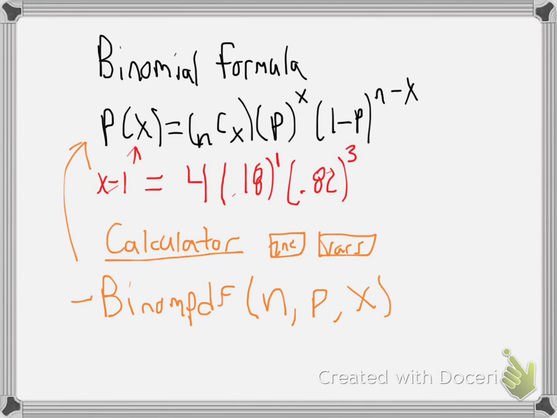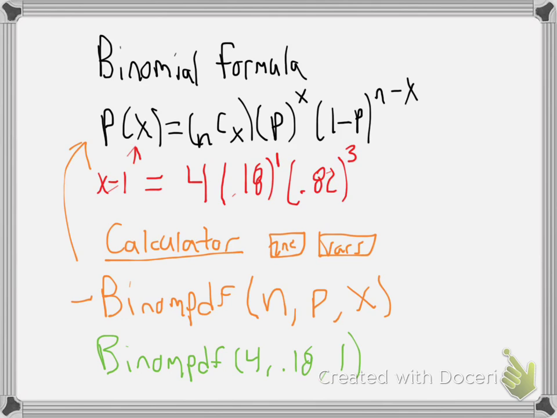Well, in our problem, remember the binom PDF, the one that we just did, our n was 4 because we did 4 trials. We asked 4 people. The probability of success was 18%. That's the probability that they find Spence funny. And then we wanted to know 1 success.